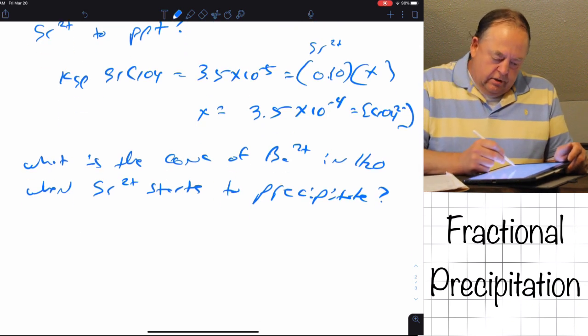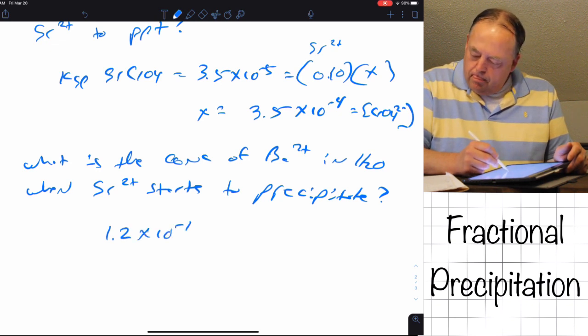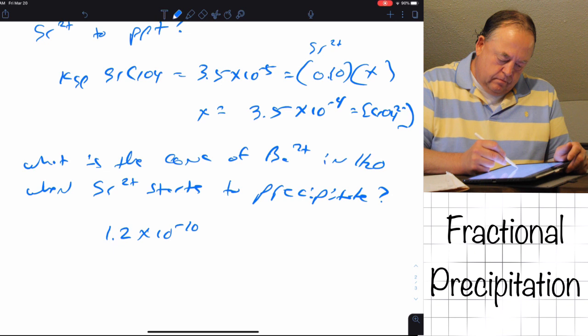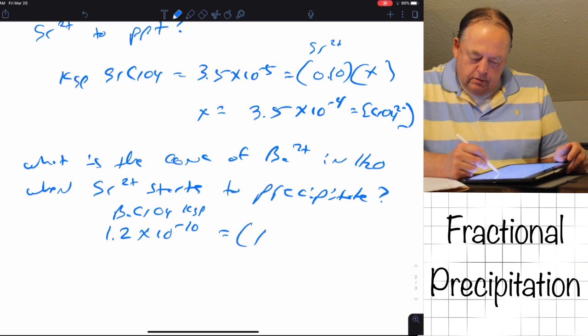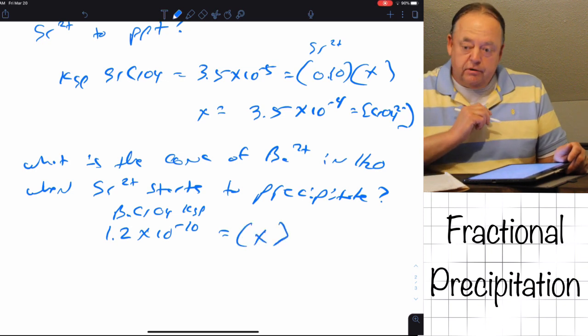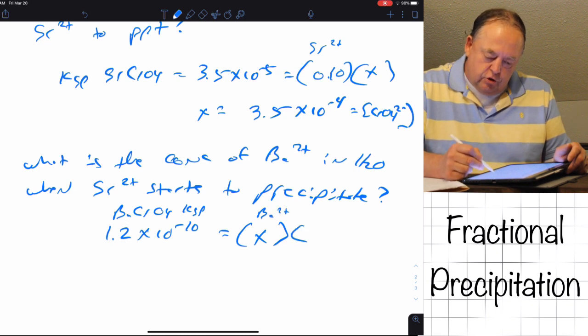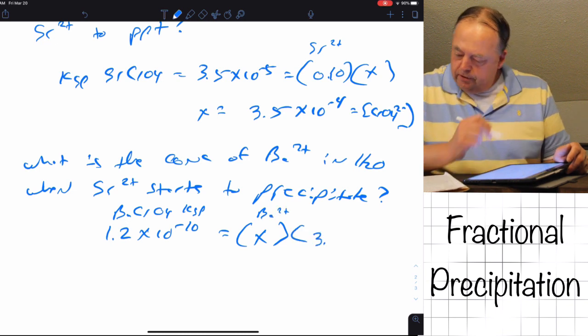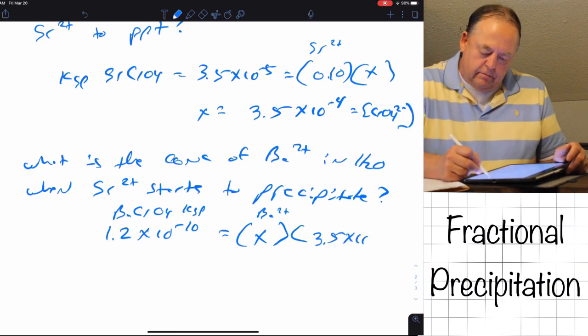What we could do is take the KSP for barium chromate and set that equal to the barium concentration times the chromate concentration of 3.5 times 10 to the minus 4.